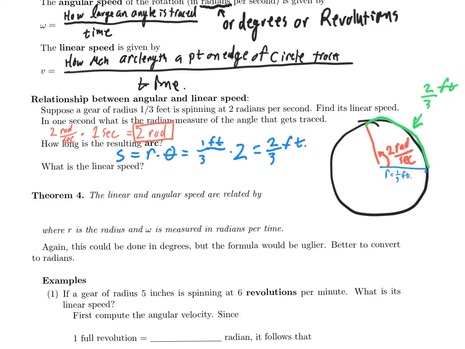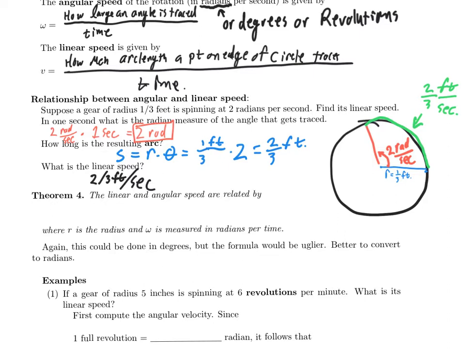This just says feet. So that's what happens if you wait for 1 second. So what's the linear speed? The linear speed was 2/3 of a foot, and it took 1 second. So it's 2/3 of a foot per second. Or you could say 0.666 repeating feet per second if you prefer.